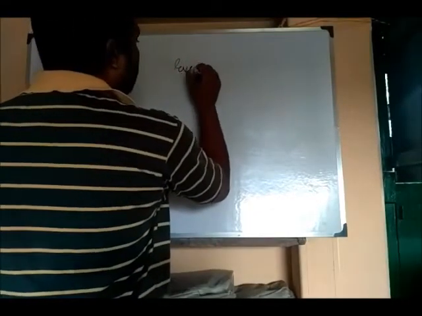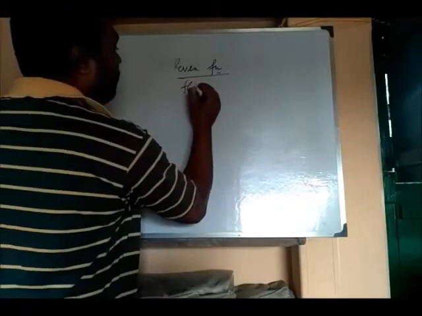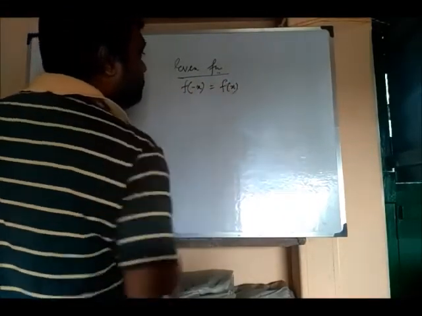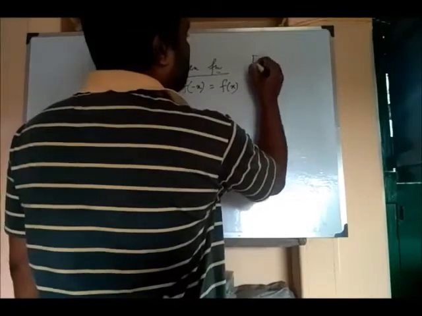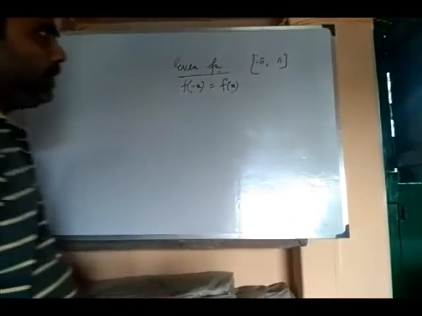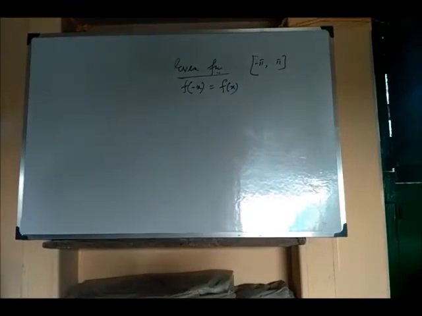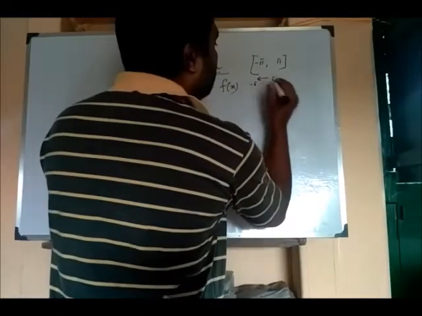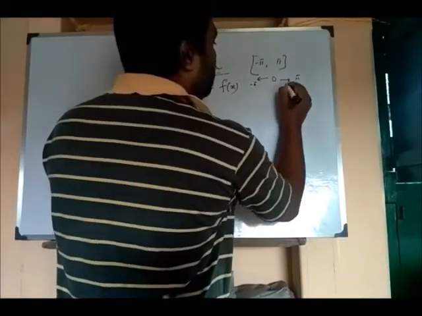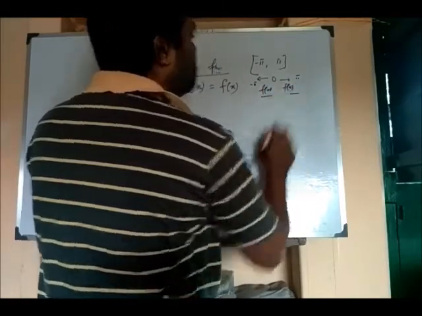So if you expand for an even function, where f(-x) equals f(x), and you want to expand this function in the bound region minus pi to plus pi, then from 0 to minus pi and 0 to plus pi, this function remains as it is. It remains as f(x).